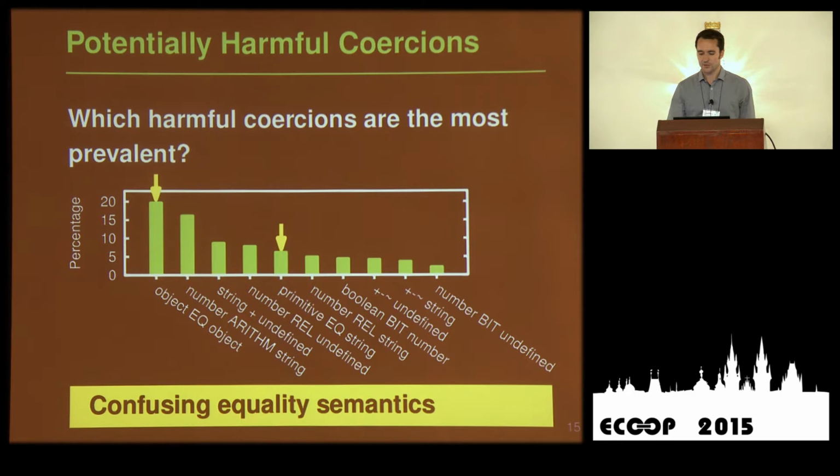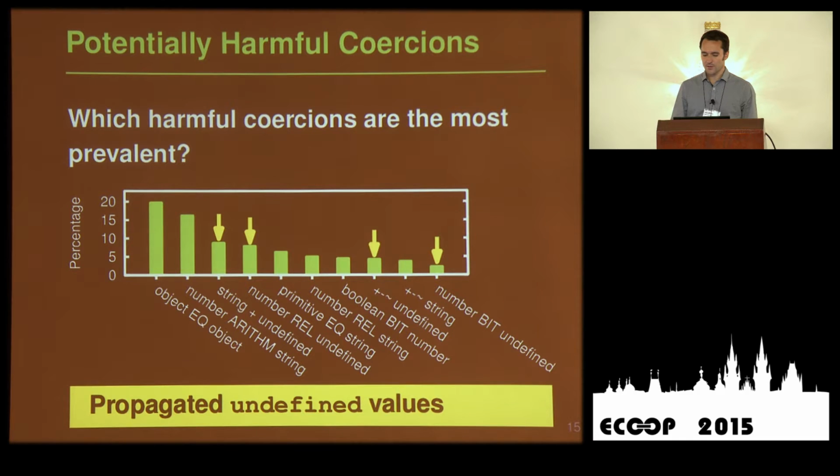One is related to the non-strict equality operator, which has pretty confusing semantics, and I'll get back to that in a few minutes. And the other is that it's very easy in JavaScript to have an undefined value propagate through the program, and then you may use this undefined value in some operation where you don't expect it, like a string concatenation, or maybe a relational operator, and then you get results that are usually not expected.